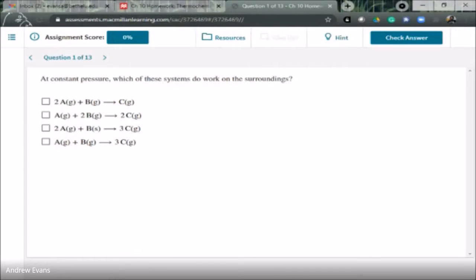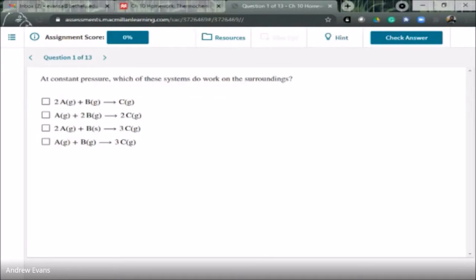At constant pressure, which one of these would do work on the surroundings? So looking at this, you've got to remember a few things. This one, you do not have to use numbers, but you have to be able to think about it.